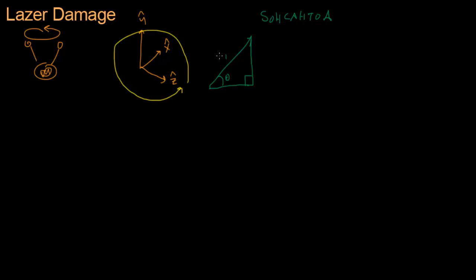And so the length of this vector right here is 1, and so this is opposite over hypotenuse, this is our y. And y and sine are usually the same thing. This right here is our cosine theta, and this right here is our sine theta.